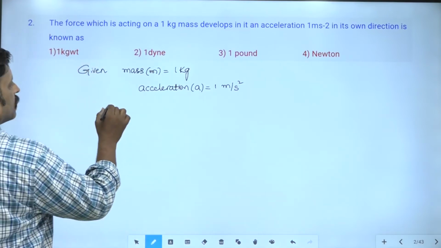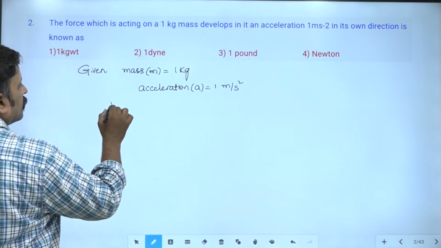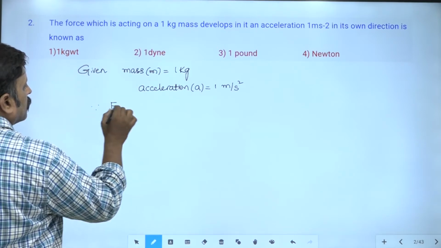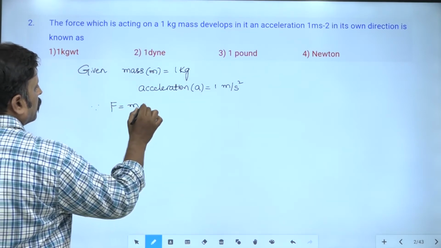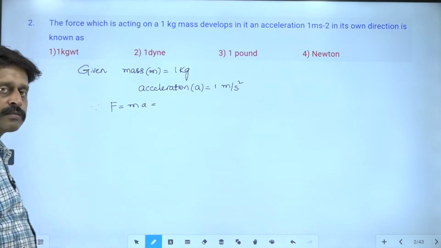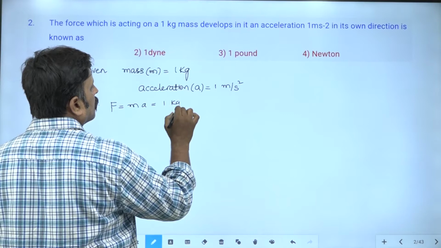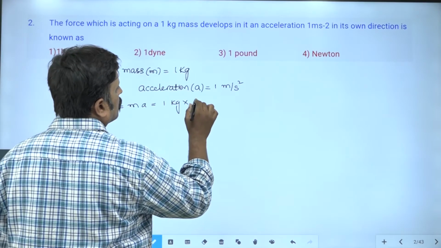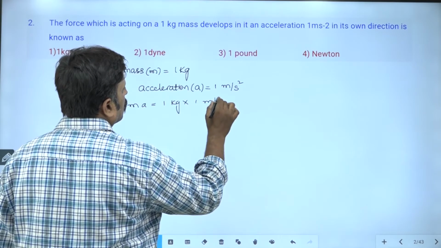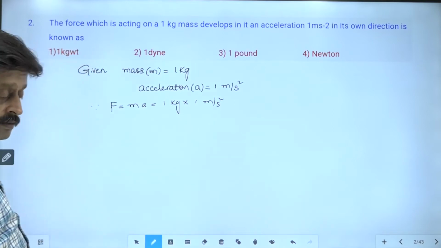From Newton's second law, since F is equal to ma, directly you substitute the values. Mass as 1 kg, acceleration as 1 meter per second square.